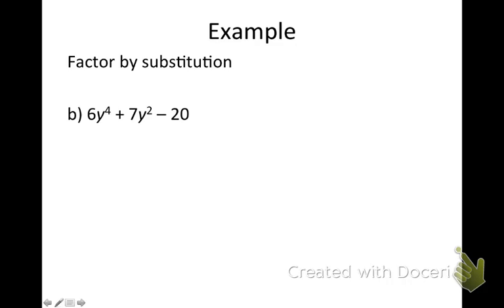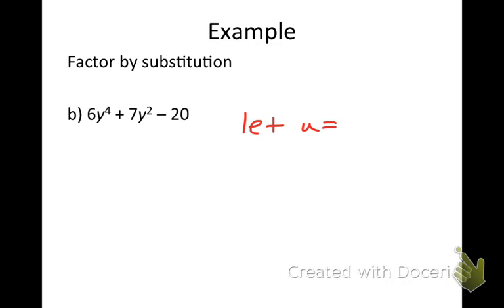All right, so last one. Sometimes what you'll see, and I think this is similar to what you'll be seeing in number 49, is an exponent higher than 2. So here I have 6y to the 4th plus 7y squared minus 20. You can do your u substitution here, but to be honest, it's probably easier just to factor it like you normally factor it. But I'll show you what it would be like with the u substitution.